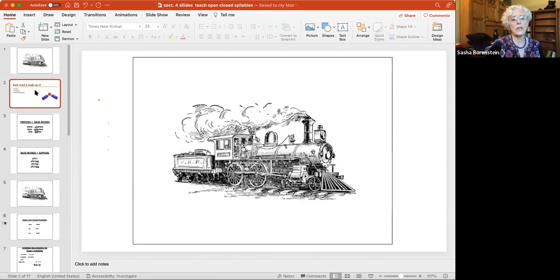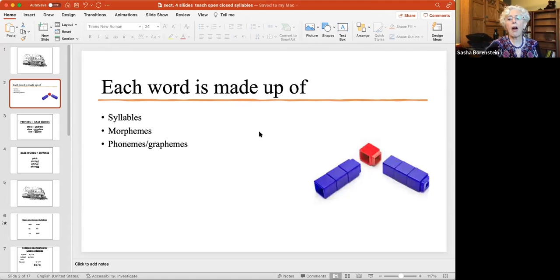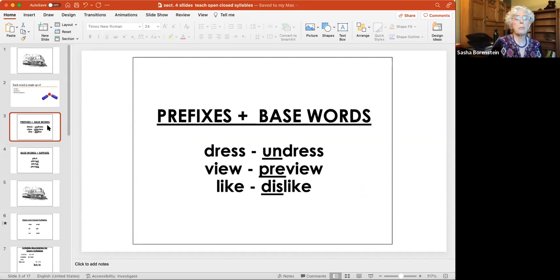Another way of thinking about this is that syllables are kind of like building with unifix cubes. So syllables are made up of a vowel surrounded by consonants, and we can have 2 syllables, 3 syllables, 4, 5. Each syllable would be like the 3 unifix cubes that you see here. They're really said together as a unit, but we can separate them into the individual sounds and also they mean different things.